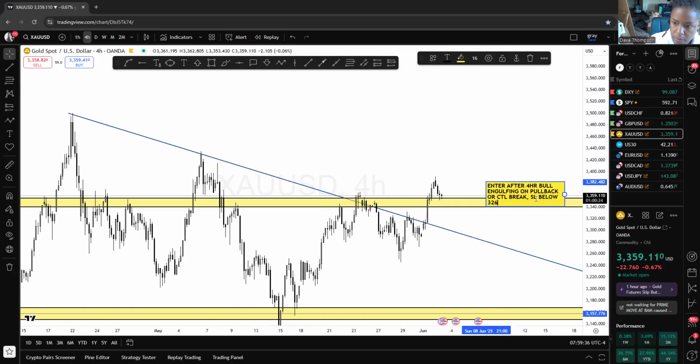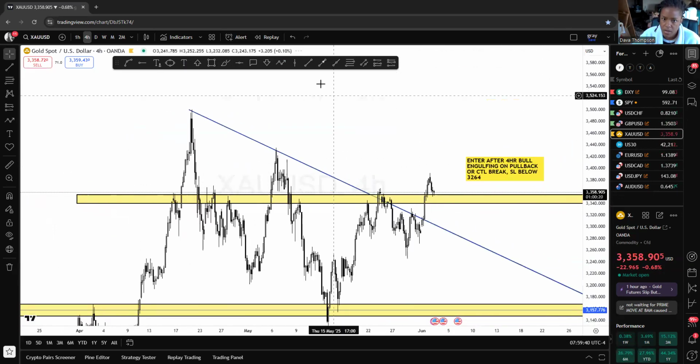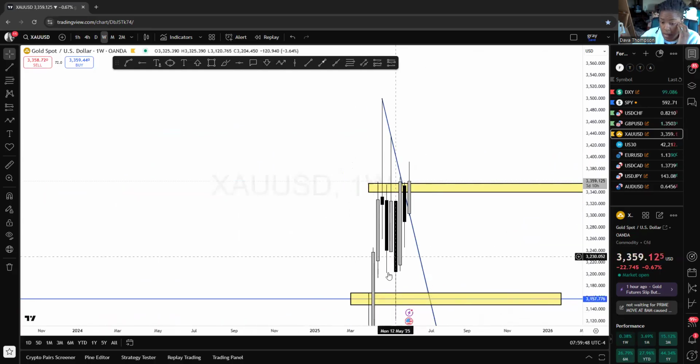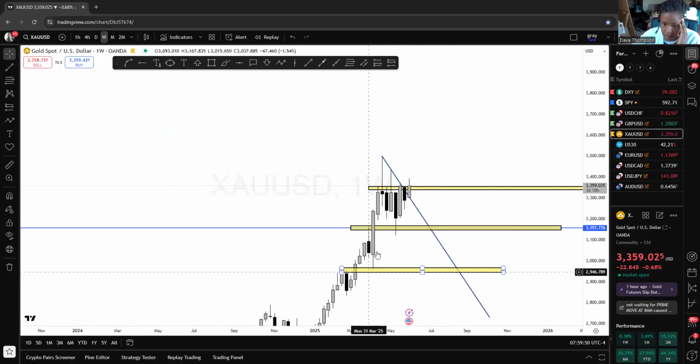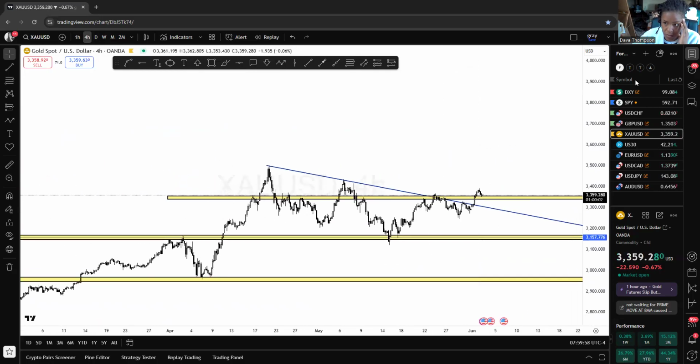3264. All right. So this is the next move that I'm looking at. I want to see it pull back some. Like I have my key level right here. This level is used as the resistance, now level of support, and then you broke out of this level. There's just so many confluences for buy.